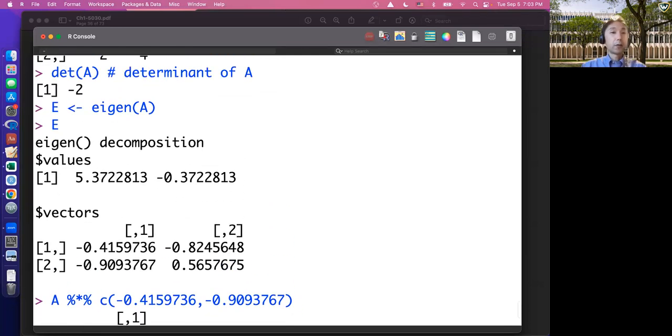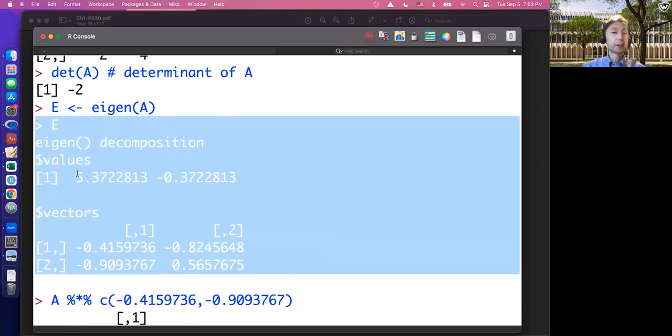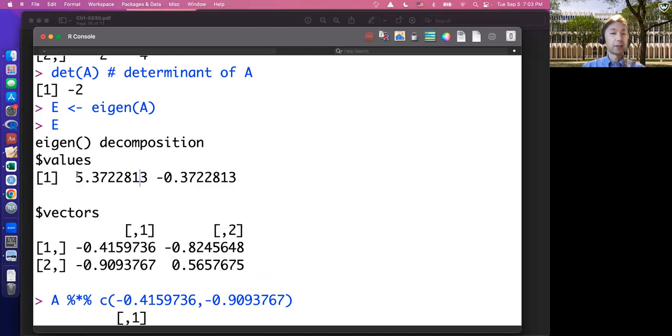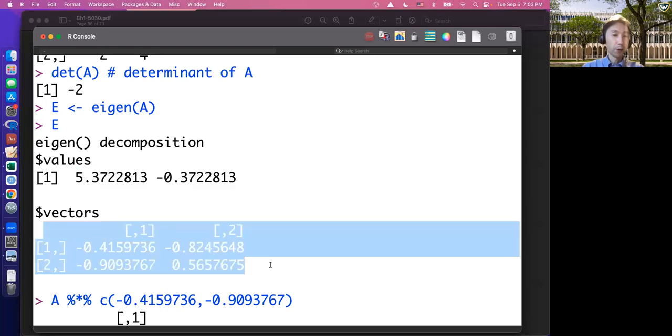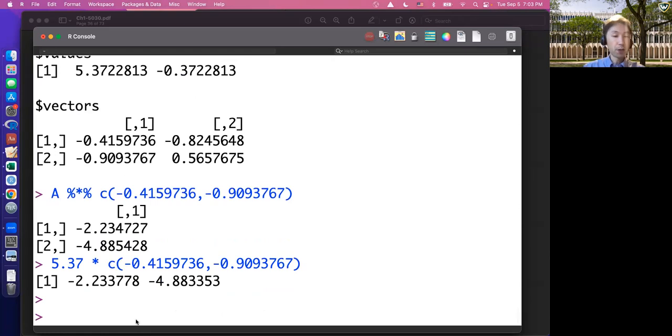Yeah, and okay, so the output is this, but sometimes we want to extract this number, these numbers, maybe this vector as well, and also this matrix, or maybe the first column as a vector. So how do we extract that information?